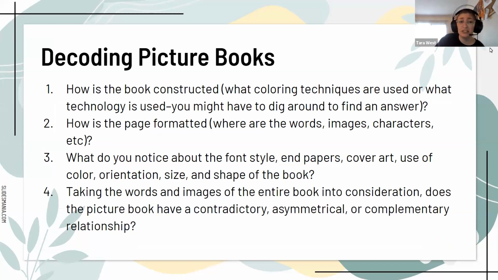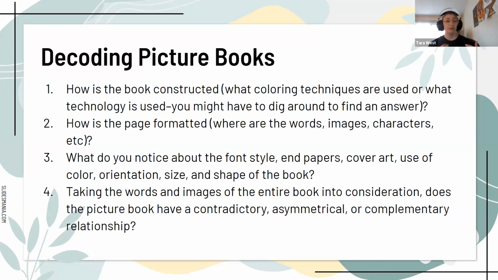When we're talking about decoding picture books, there are 4 basic questions, elements to pay attention to. The first one is, how is the book actually constructed? This is really hard since we're online. This would be asking you to physically look at the book, feel the cover, feel the binding, feel the pages, to see what type of textures might be in the cover.